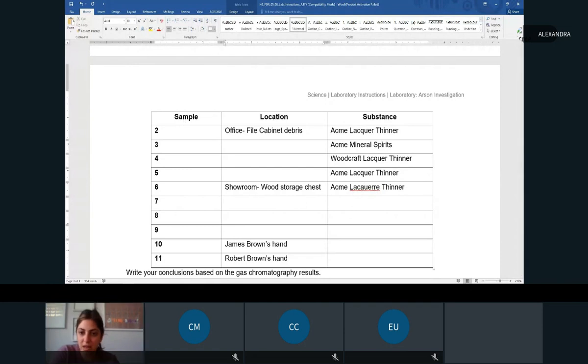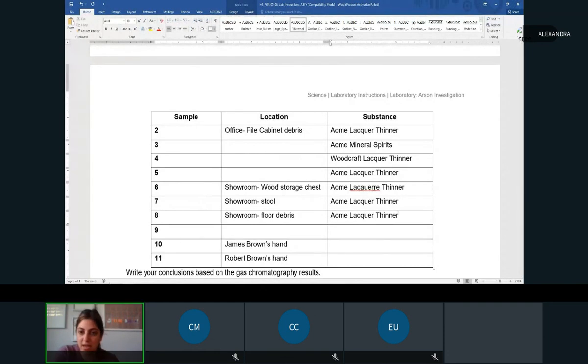7 was the Showroom Tool, and it had the Acme. And 8 for debris was the Acme Lacquer Thinner.